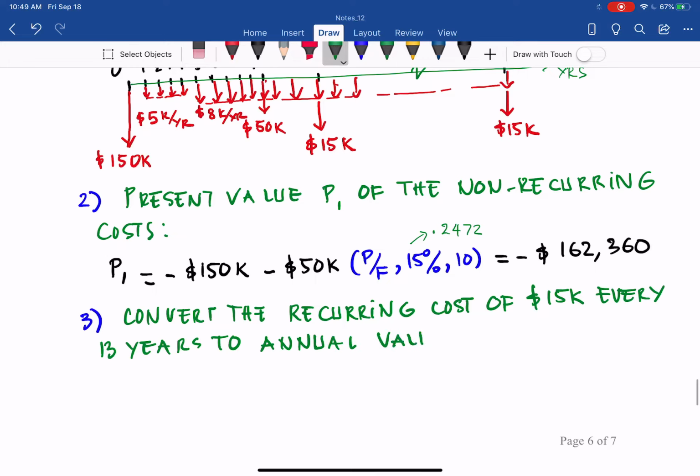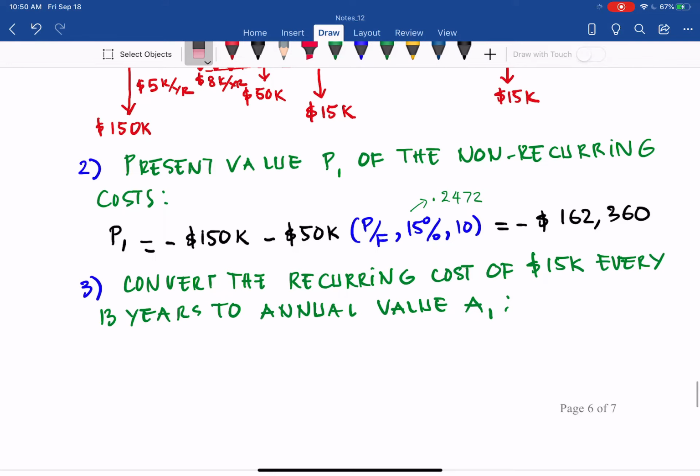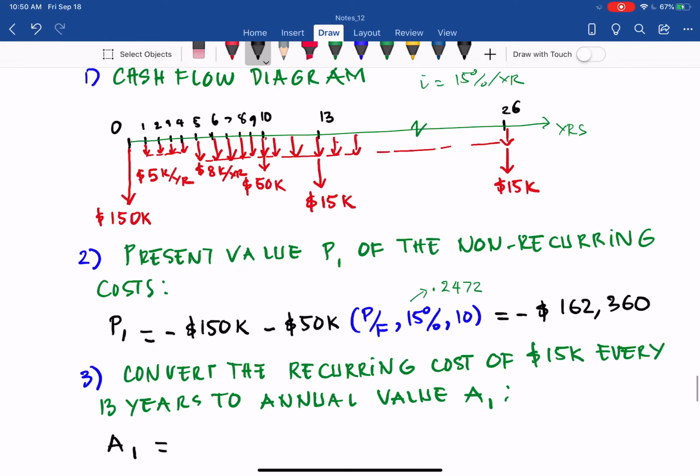value, and let's call that the equivalent value of you spending 15,000 every 13 years. Equivalent every year. How much? I call that A1. So what is A1? And how can we do it?